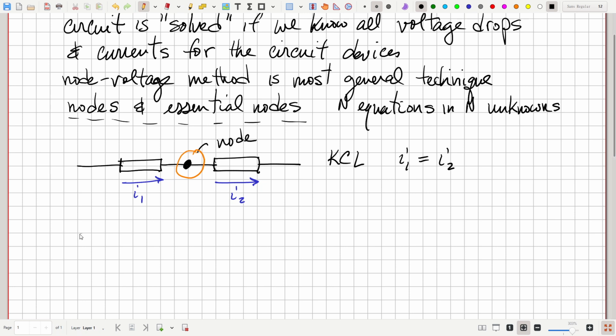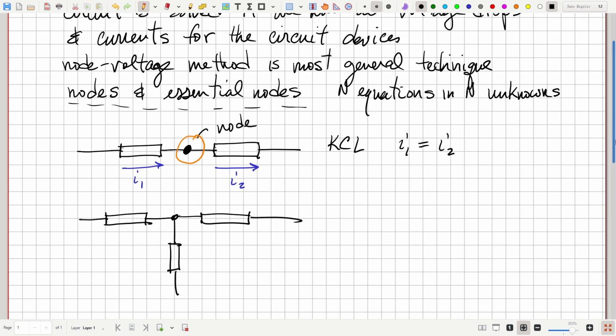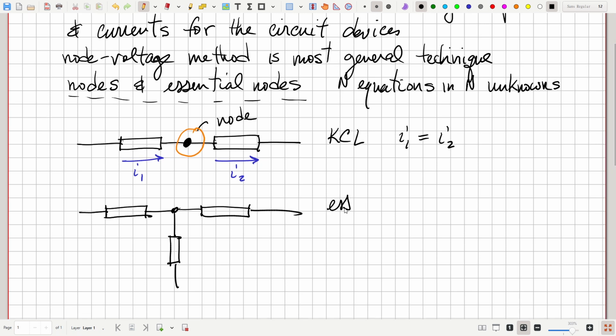If, however, 3 devices are connected at a node, like maybe in the following picture here, well, now this is an essential node. Three or more devices are connected.